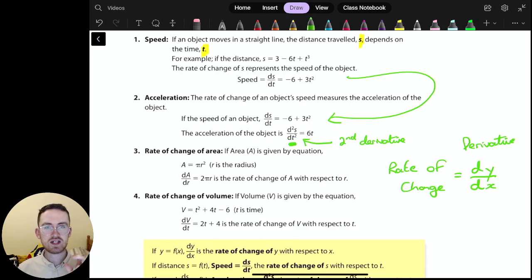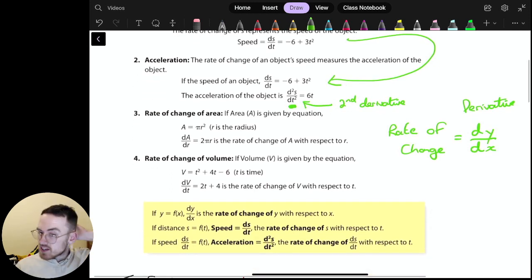That's how we phrased it from the very start, that slope and rate of change were related. We said slope was an example of rate of change. These are more examples then. So here we have a more standard definition, I suppose. If y is f of x, dy/dx is the rate of change of y with respect to x. And then they look at distance and acceleration as we did there.